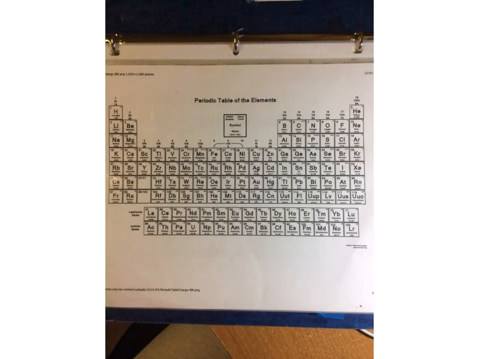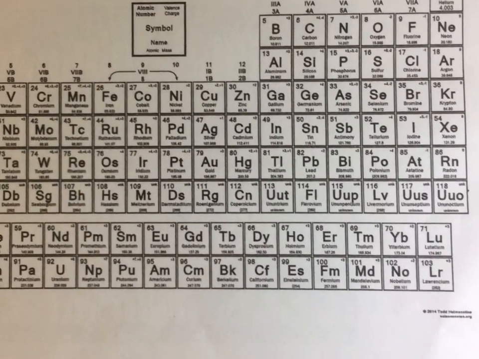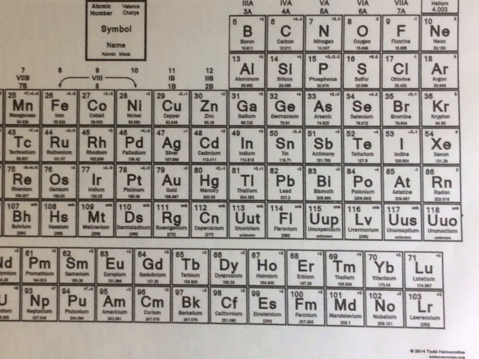Okay, let's look in the periodic table, remember? We need to look for the molecular weight of zinc. It is in here, which is 65. You have to make sure that your periodic table has clear numbers.